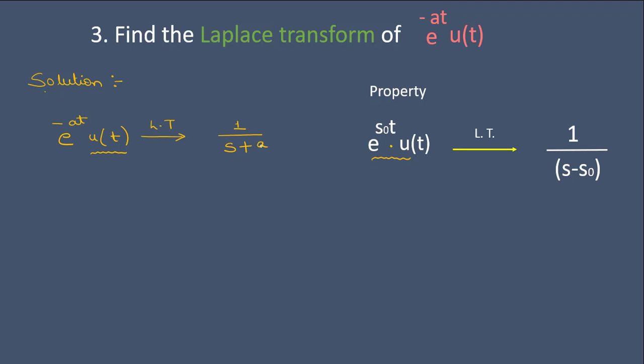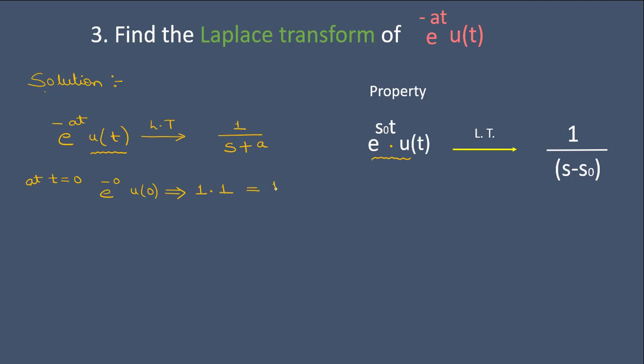Here we can also find the graph of e raised to minus at u(t). So at t equals 0, it will be e raised to minus 0 into u of 0. E raised to 0 is 1, into the value of step signal at t equals 0, which is also 1.